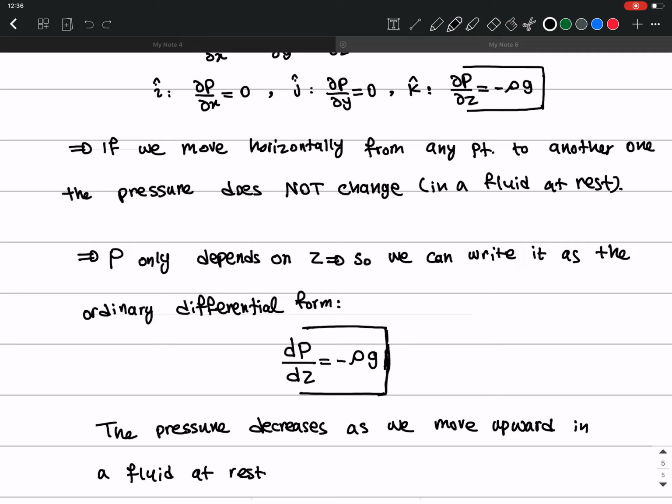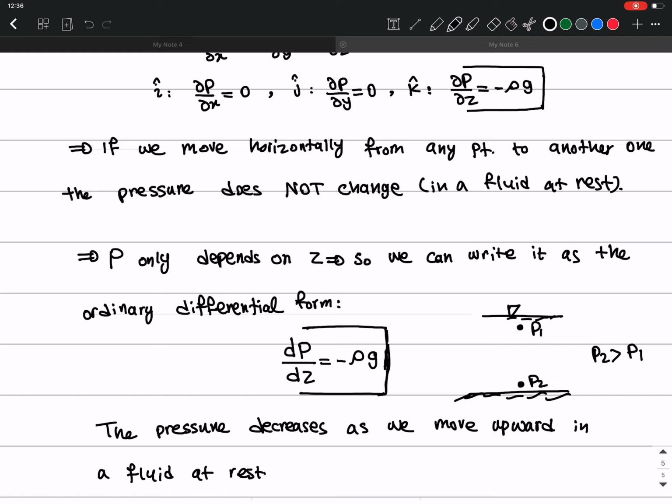It means that for a fluid, say this is a water surface, the pressure at the bottom of the fluid is much higher than the pressure near the surface. So if this is P2 and this is P1, P2 is going to be greater than P1.